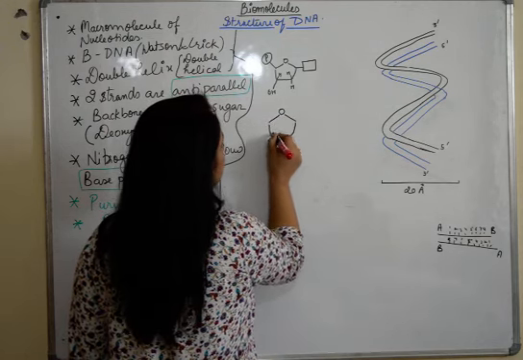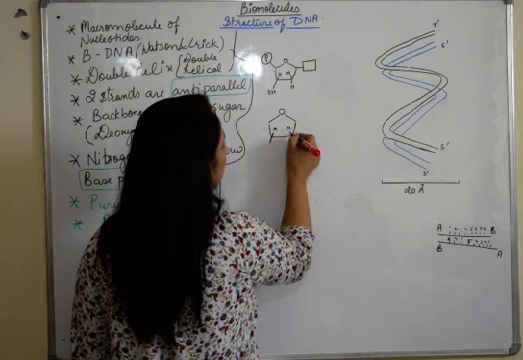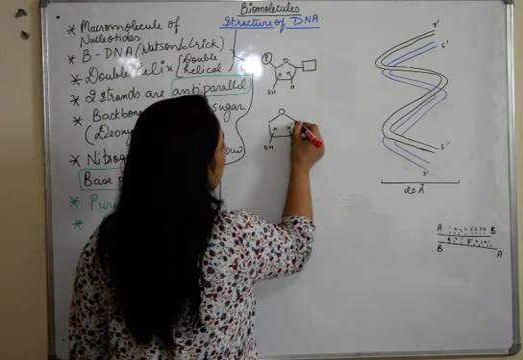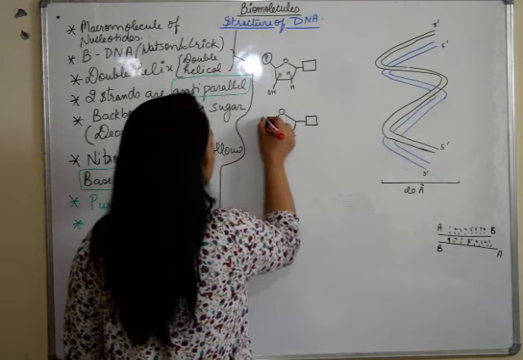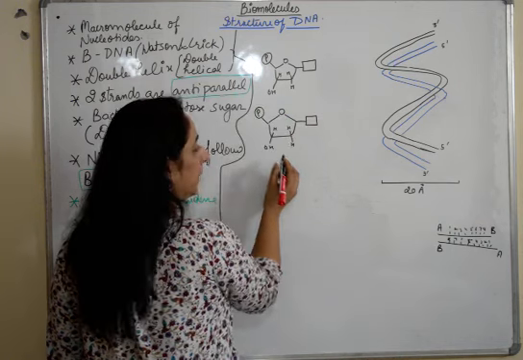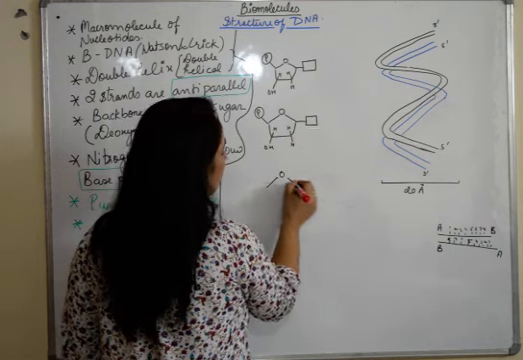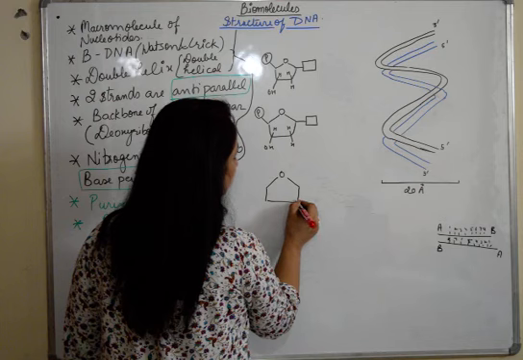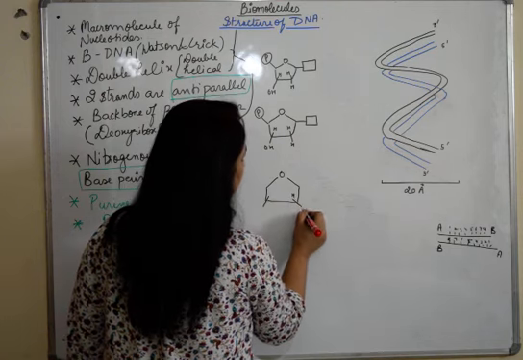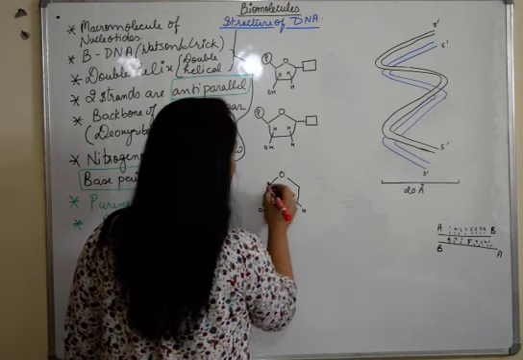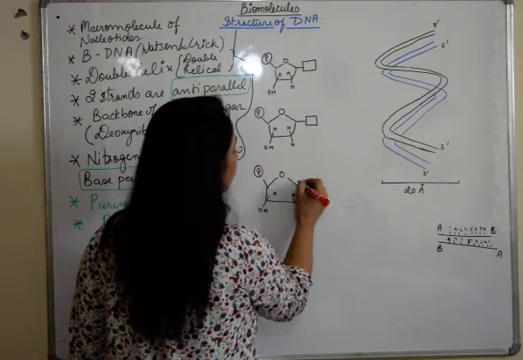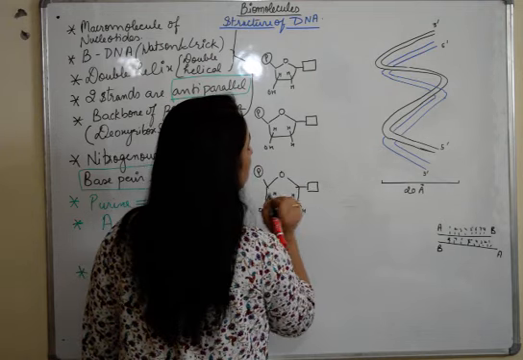So again, the same structure will be made again. We have a nitrogenous base here, a phosphate group here. Again, I am making one more. Here we have H and H, H and OH. Here we have our phosphate group, and here we have our nitrogenous base.